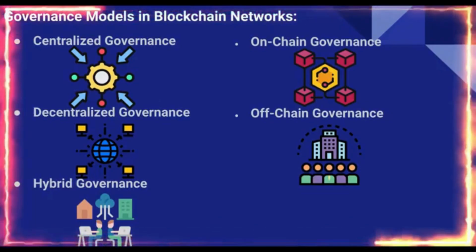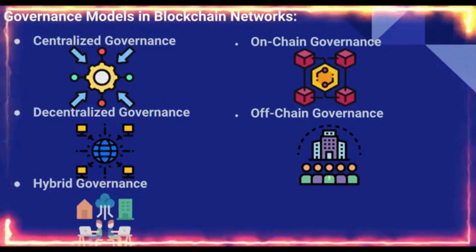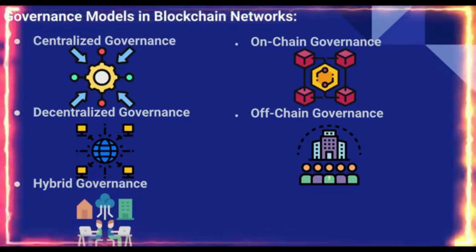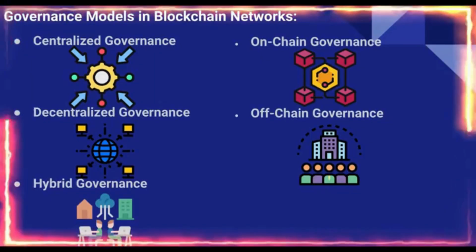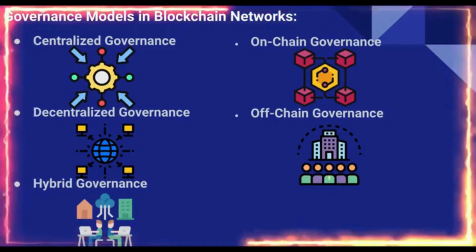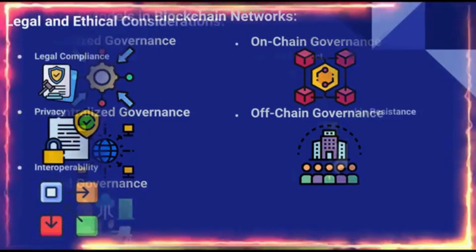On-chain governance. Decision-making is encoded directly into the blockchain protocol through voting mechanisms and smart contracts. Off-chain governance. Decisions are made outside the blockchain through discussions, forums, and other communication channels. Changes are then implemented on-chain.